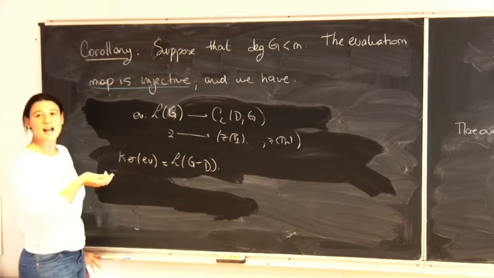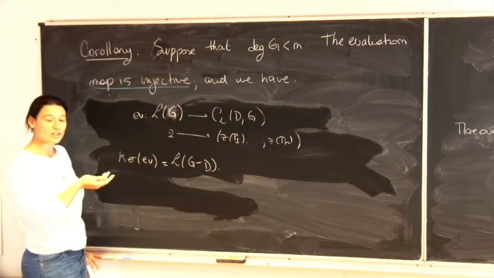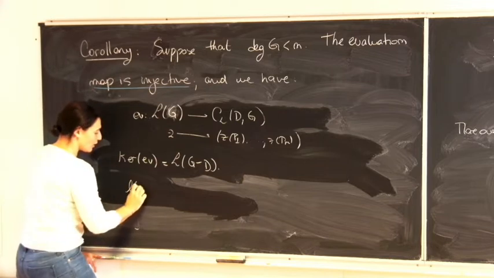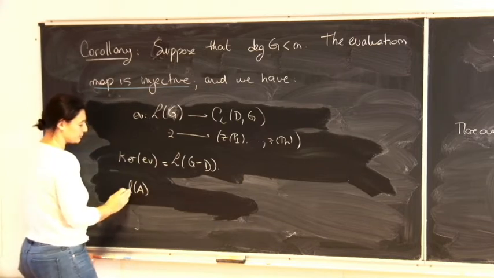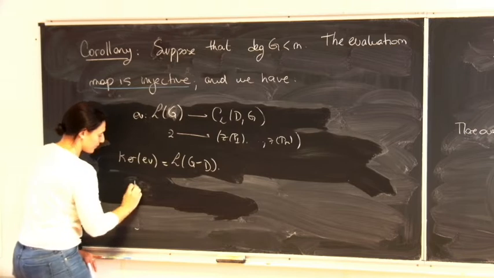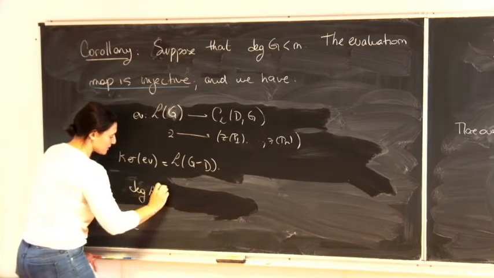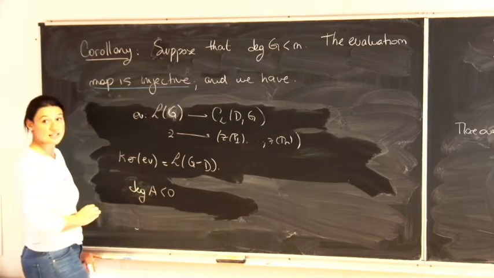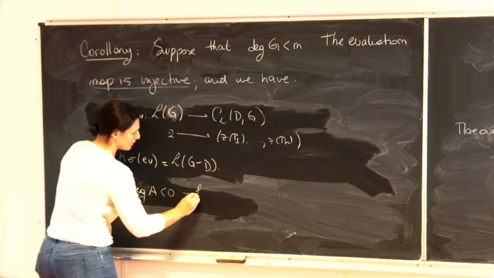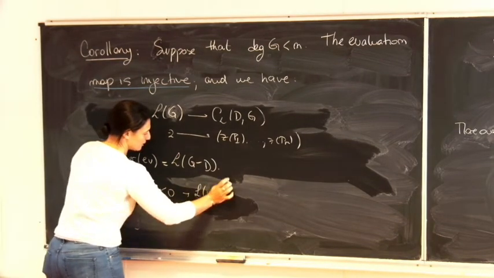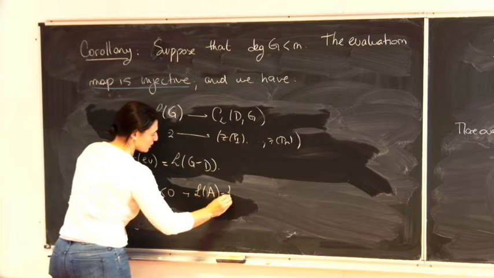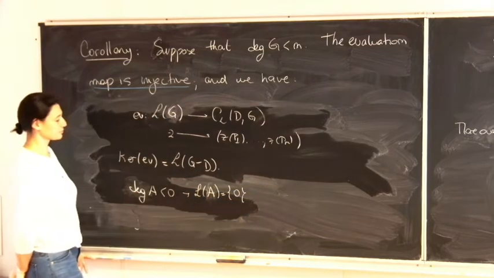And this is all that I have to know, because we saw that if the degree of a divisor was less than 0, then L of A was only the 0 element.